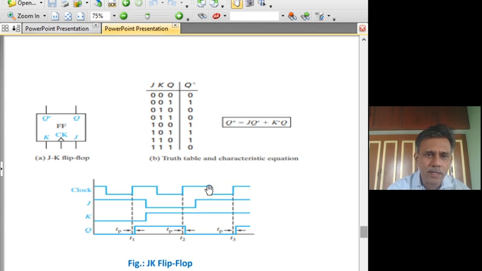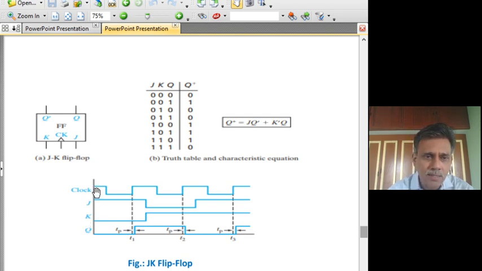Now, we will look at the timing diagram for this positive edge-triggered JK flip-flop for appropriate values of J and K with respect to a clock. So henceforth, we will look at the timing diagram always with respect to a clock.